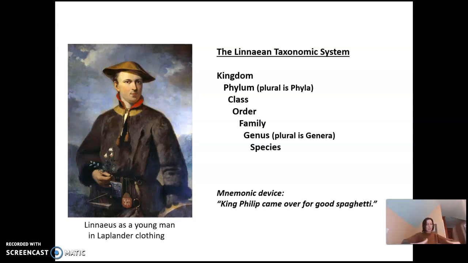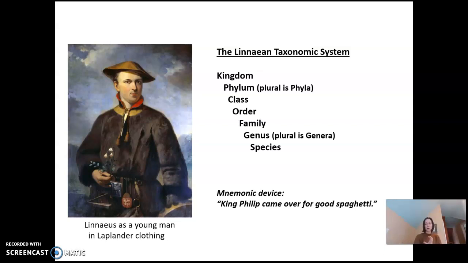And then when you get this big group, how do we separate those organisms? Well, we could separate them first by phyla. Phylum is singular. And then you take a phylum, you could break that apart based on physical appearance, morphological features, where things live, into class.